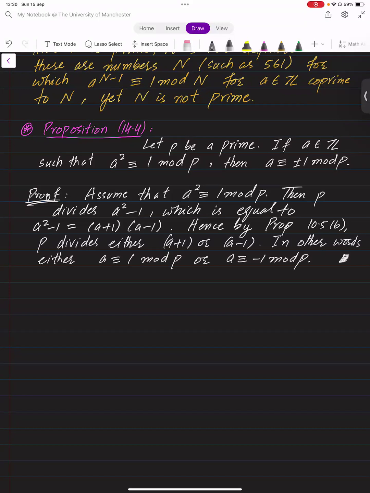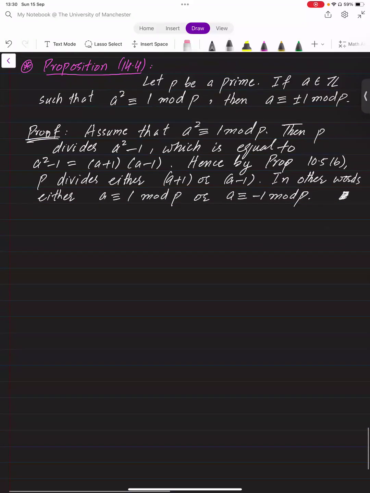Now, if we consider this result, then the variant of Fermat's test is known as Miller's test. So let's discuss Miller's test for checking the primality of large numbers.